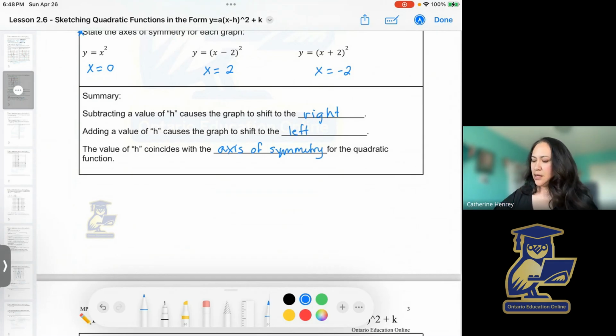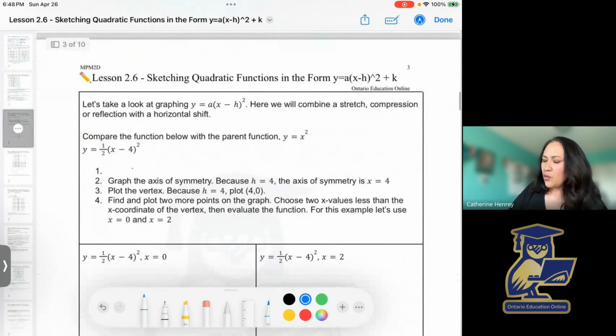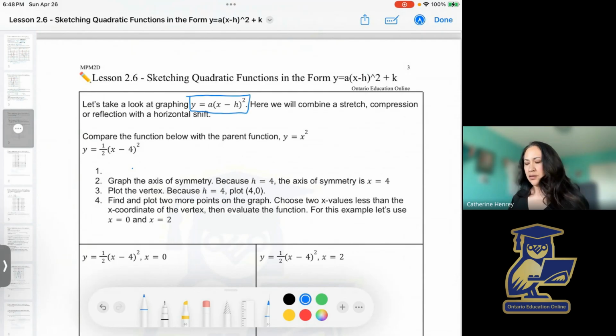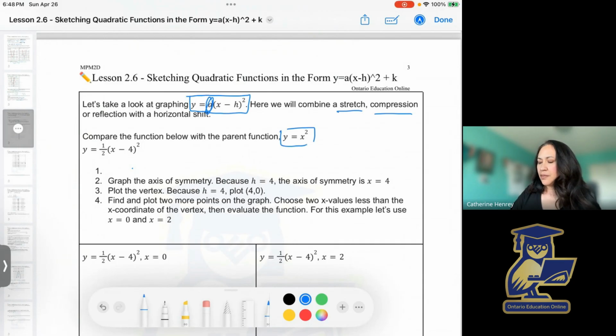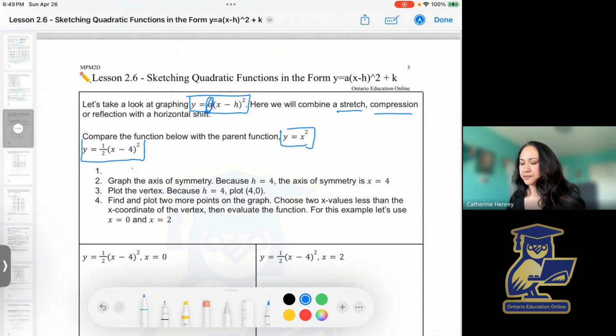All right. So take a look at graphing y equals a times x minus h squared. Here, remember, a always causes a stretch or a compression or a reflection. So let's compare the parent function, y equals x squared, with a function in vertex form that is y equals 1/2 times bracket x minus 4 squared.